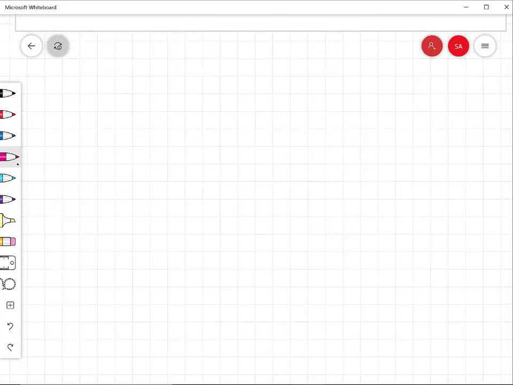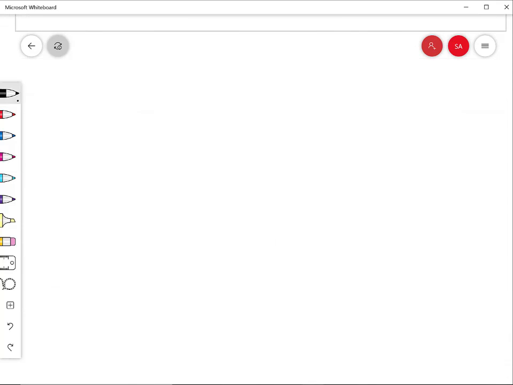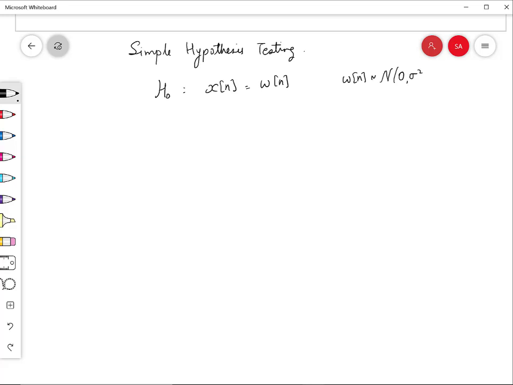So in the last class, we took two hypotheses, again a simple hypothesis testing problem. Here the hypothesis H0 was just the noise, Xn is Wn. The noise we considered was a white Gaussian noise with mean 0 and variance sigma square. The noise samples were uncorrelated.